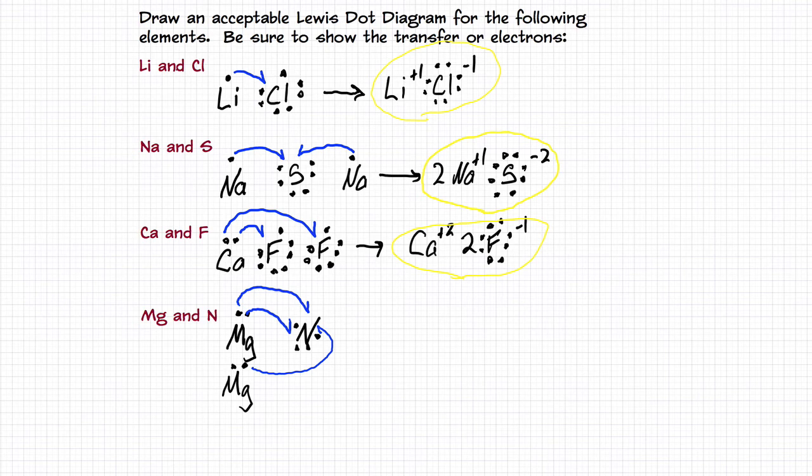So what we're going to need to do is add another nitrogen with a total of 5 electrons. And that 1 electron from the magnesium gets transferred over. And well, now we've got the nitrogen needing 2 electrons, but fortunately, if I just add 1 more magnesium, I can get both of those electrons to transfer over.